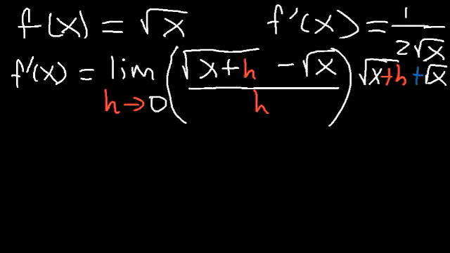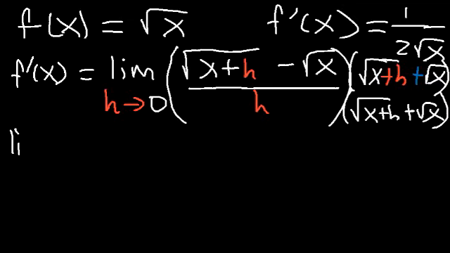And whatever you do to the bottom, you must also do to the top. So on the top, we're going to FOIL. On the bottom, we're just going to attach h to that stuff. So what we have is the limit as h approaches 0.